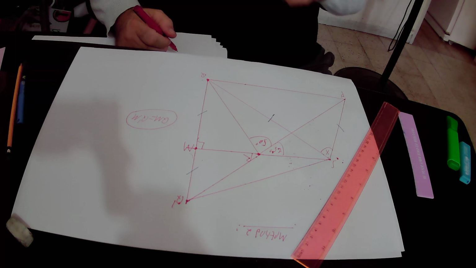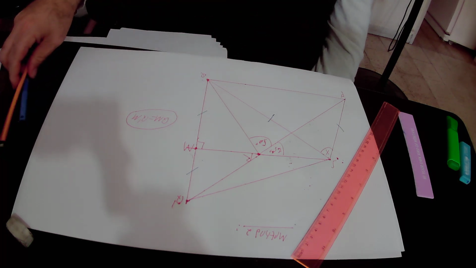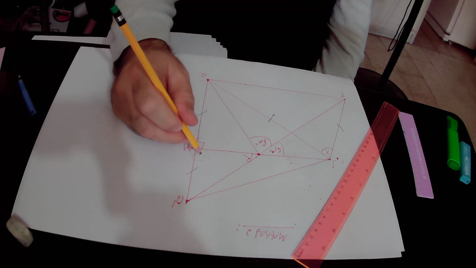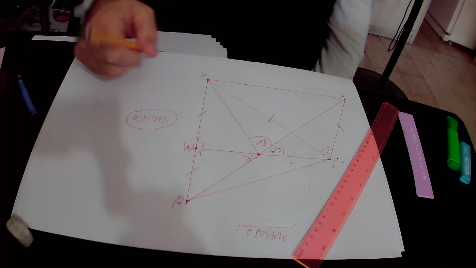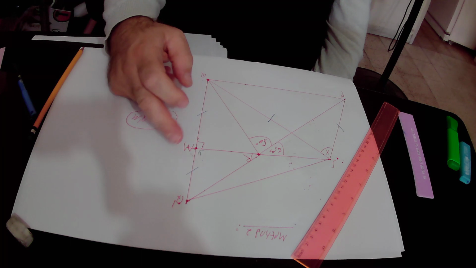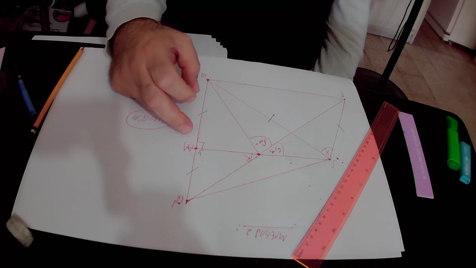So what is the size of this angle? Let's define it as angle Y. We know that Q dash is a straight line because QM is a straight line and we extended QM by a straight line.